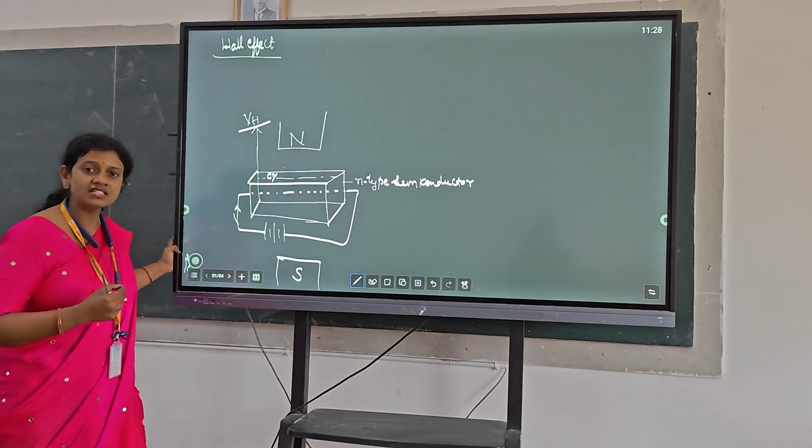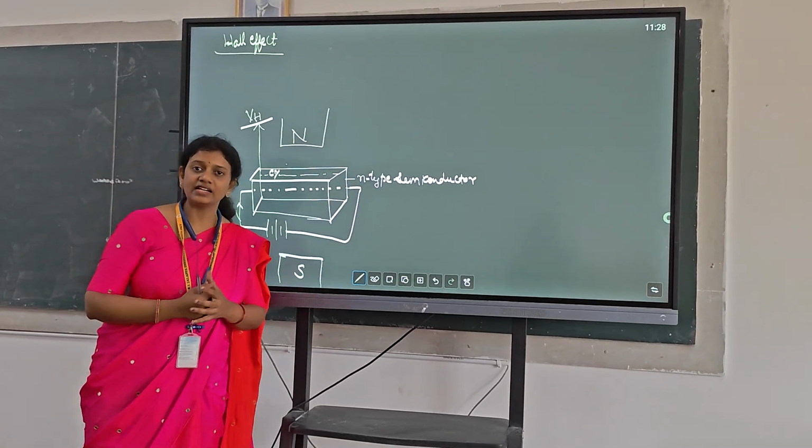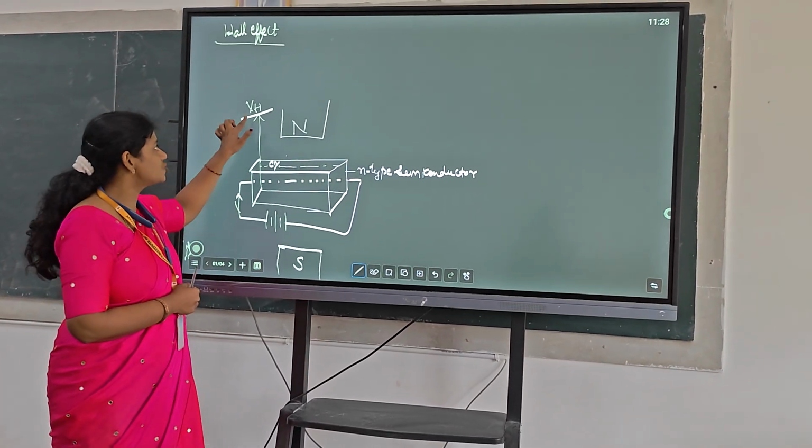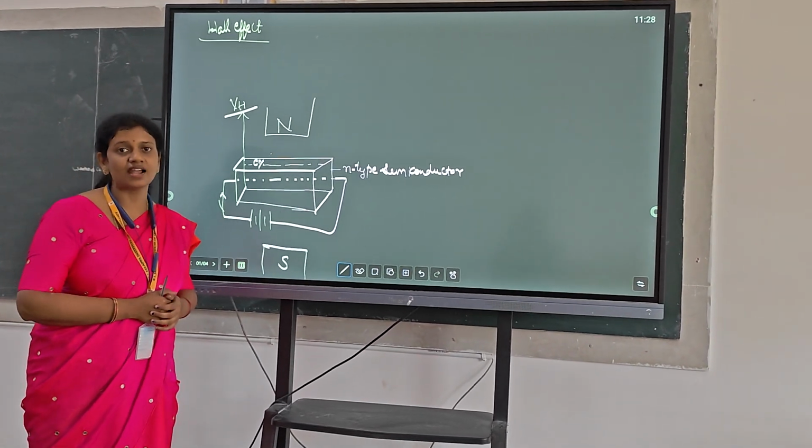Hall effect means whenever a current carrying conductor is placed in a magnetic field, a potential is induced in that conductor.